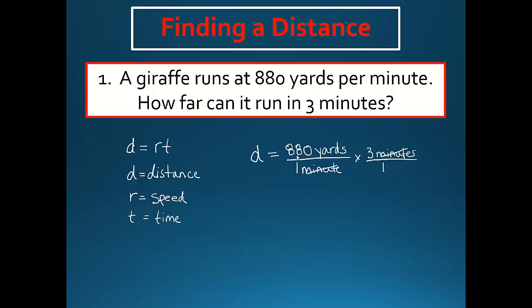And now we need to multiply across. We have 880 times 3. 3 times 0 is 0. 3 times 8 is 24. 3 times 8 is 24, plus 2 is 26.